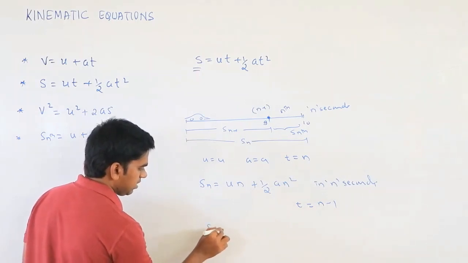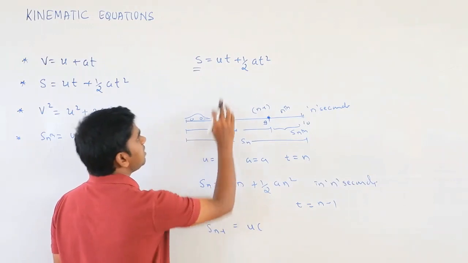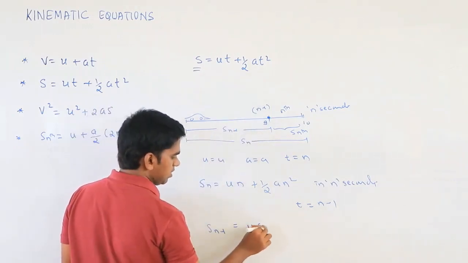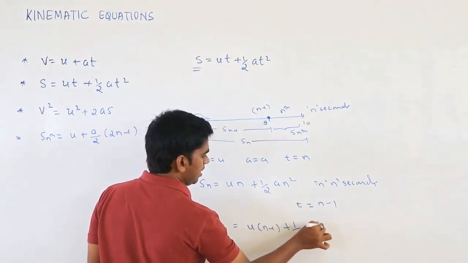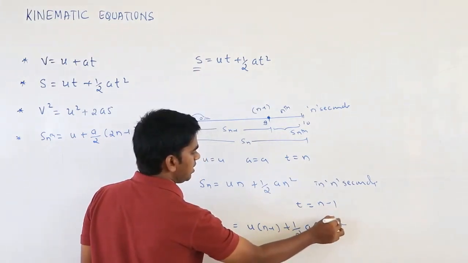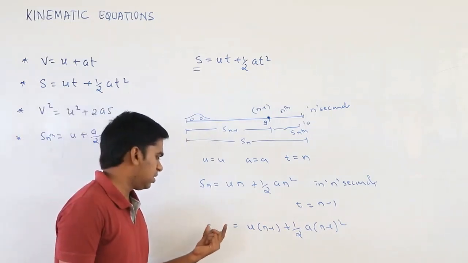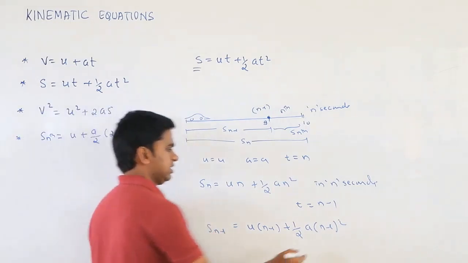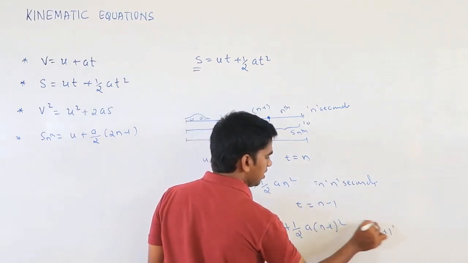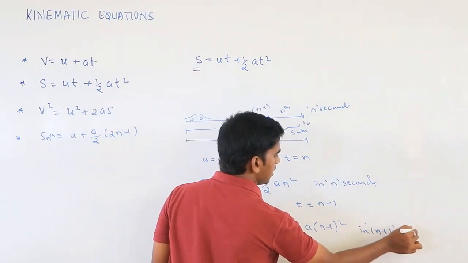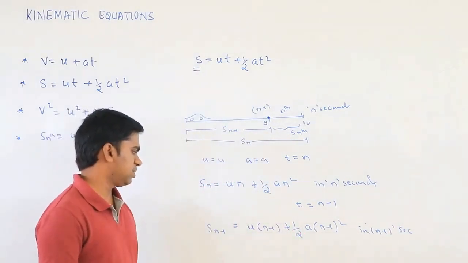So Sn minus 1 equals u times n minus 1 plus half a times n minus 1 whole square. Okay, so this is the distance traveled in n minus 1 seconds. Now it is better if we simplify this one.